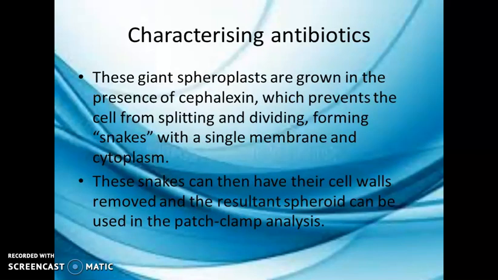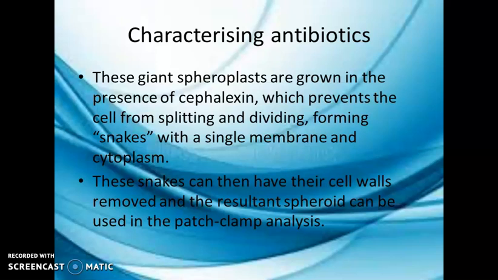Next, we can use sphaeroplasts for characterizing antibiotics, which means these giant sphaeroplasts are grown in the presence of an antibiotic called cephalexin, which prevents the cell from splitting and dividing.